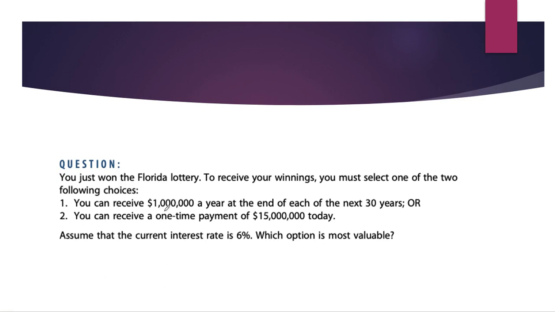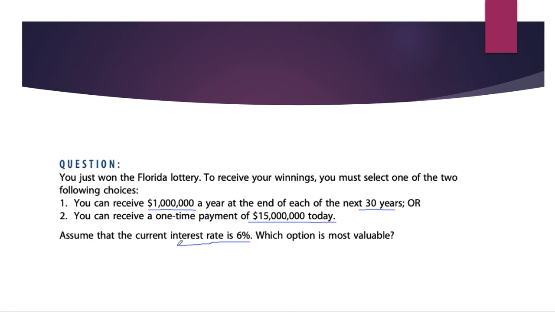First, you can receive 1 million a year at the end of each of the next 30 years, okay? Or the second alternative, you can receive a one-time payment of 15 million today, okay? And assuming that the current interest rate is 6%, the question is which option is most valuable, okay?